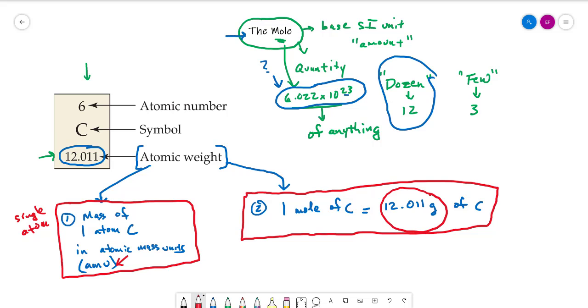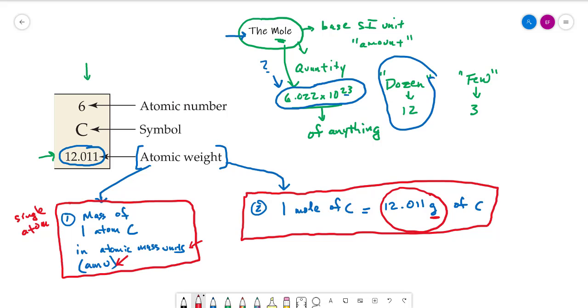And so in that case, we can refer to this as the 1 mole of carbon, or 1 mole of whatever the substance is, as equal to the atomic weight in grams. That's a physical quantity that I can weigh out with tools that are accessible to a human. An atomic mass unit is purely abstract. I can't weigh that out. There's nothing that can weigh that out. But I can weigh out this.